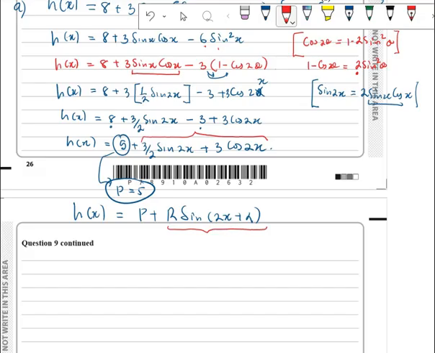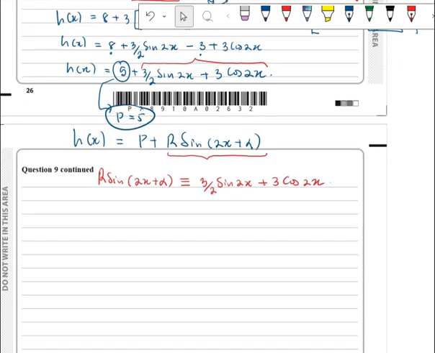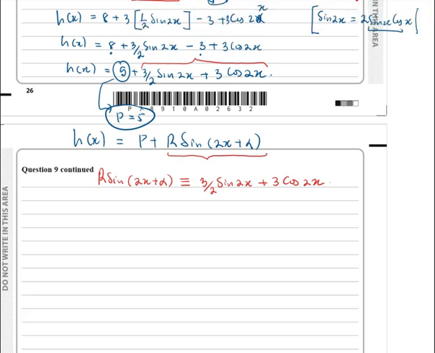So my r sine of 2x plus alpha should be the expression 3 over 2 sine of 2x plus 3 cos of 2x. I know there are shortcuts for this, but I prefer to expand the bracket so that you know what I'm trying to do over here. So we expand the bracket and then compare coefficients.